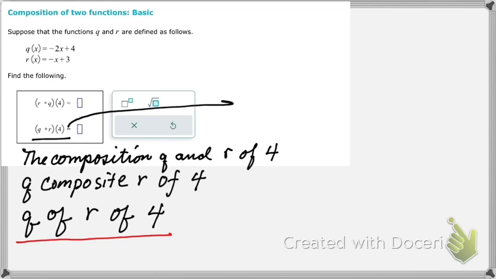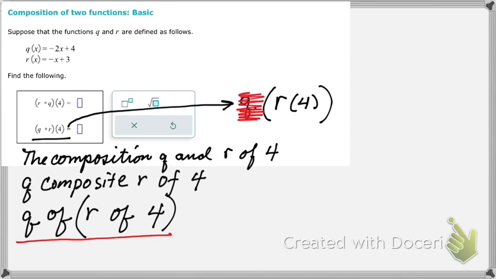So that should help me rewrite this in a useful way: Q of R of 4, with parentheses around the R of 4. Once I rewrite it like this, it should be really simple. I hope you've seen enough of functions to say, what if I just ignored this Q?